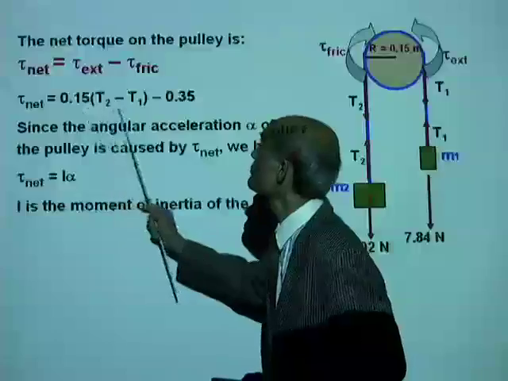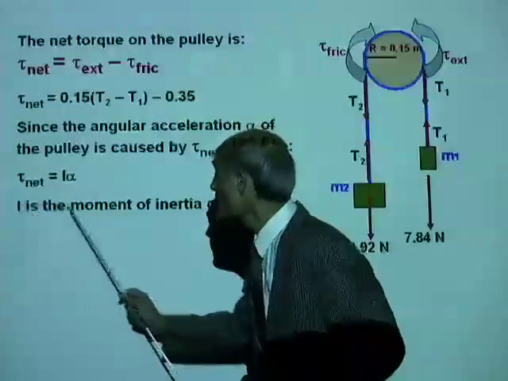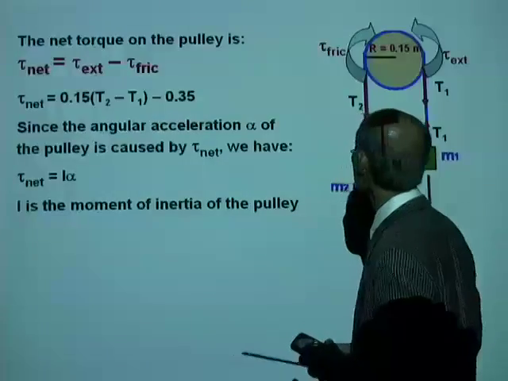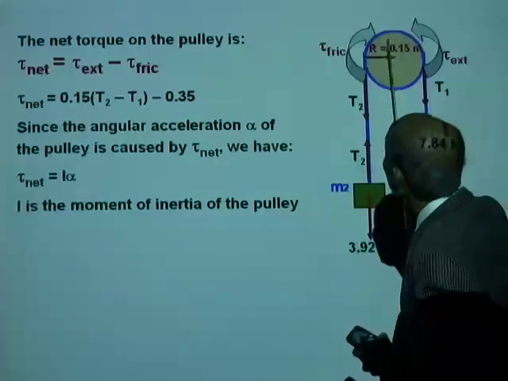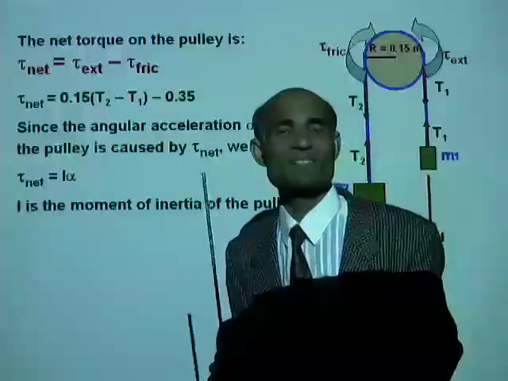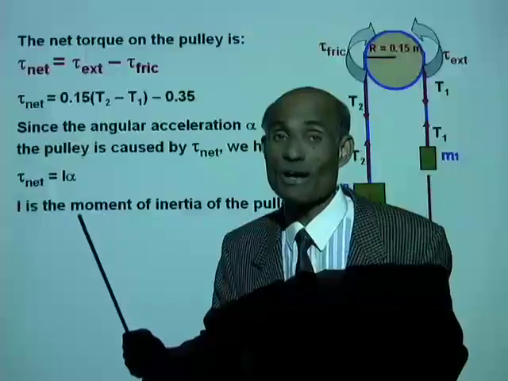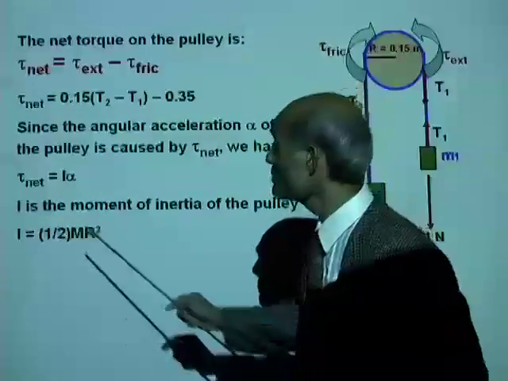So I can now take this quantity. Well, do we know I? I is the moment of inertia of the pulley, and the pulley is the disc. What is the moment of inertia of a disc? It is 1/2 mr². Do we know these values?